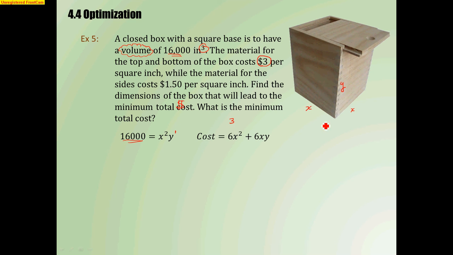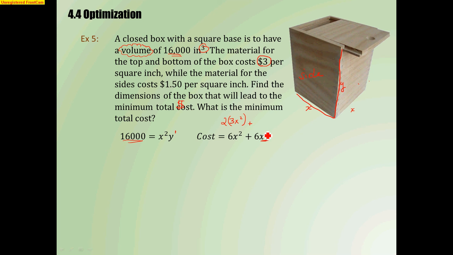So $3 for my square, that's 3x squared. Well, where did the 6 come from? Oh, right. I have a top and a bottom, so that's 2 of them. Then I'm going to add, hey, what's x times y? That's a side. How many sides do I have? 1, 2, 3, 4.